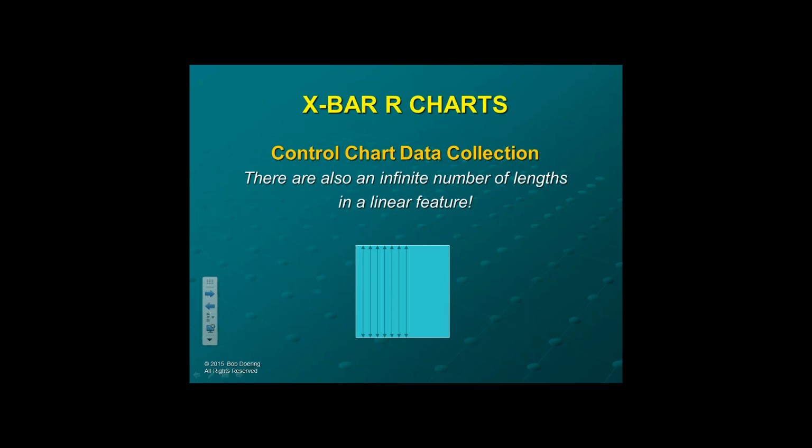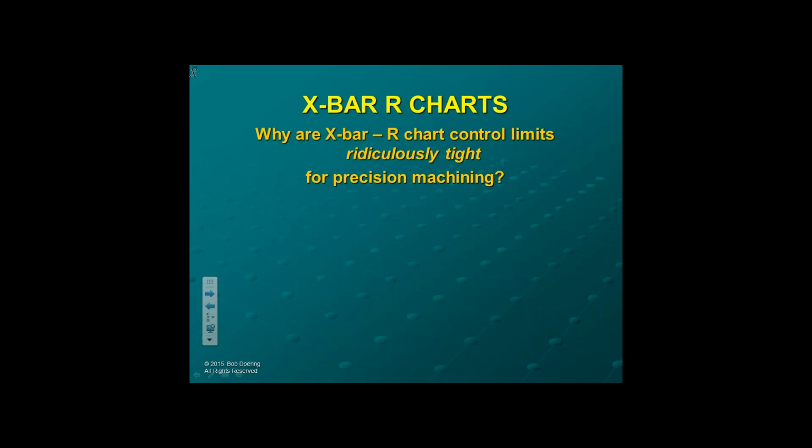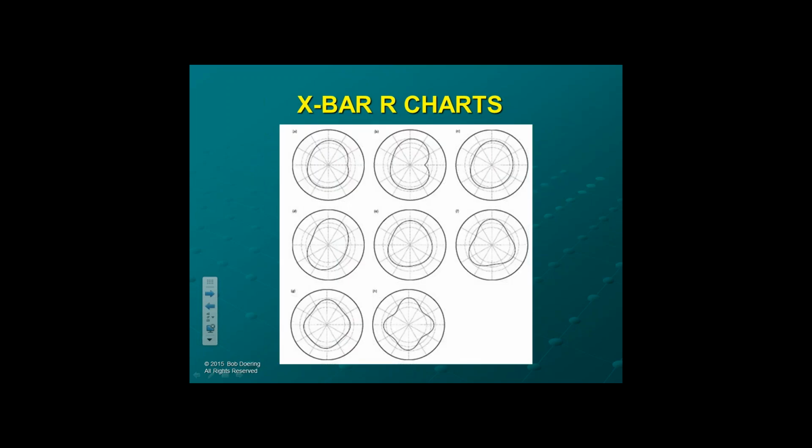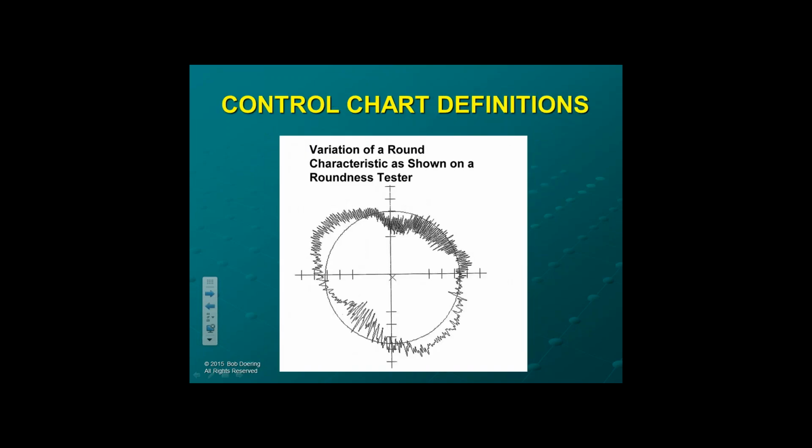This also is true for a length. It's not necessarily only diameters, because when you're doing a length, you might have a variety of lengths across a feature. So here's the problem, and let me go back for a second. You are measuring 1 out of an infinite number. There's got to be a better way to resolve this particular problem, and there is.